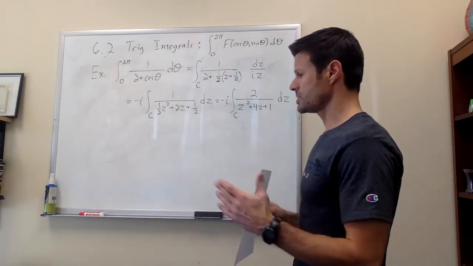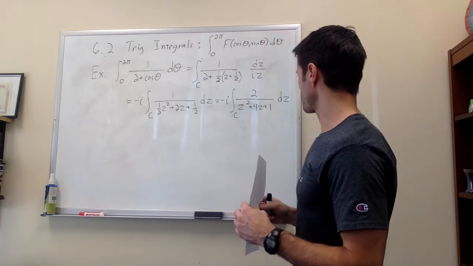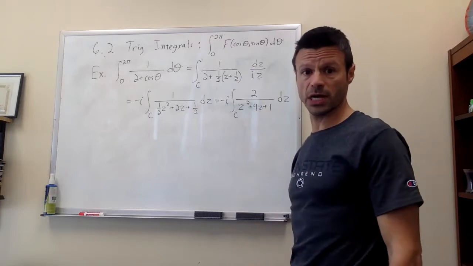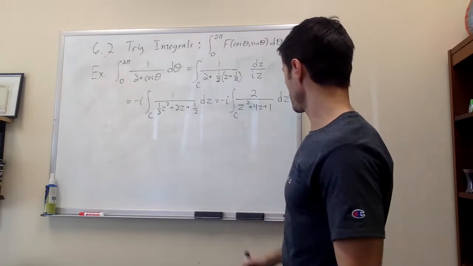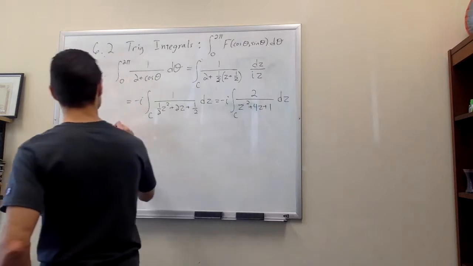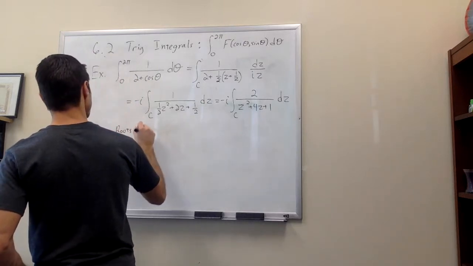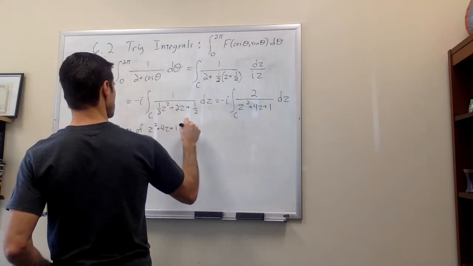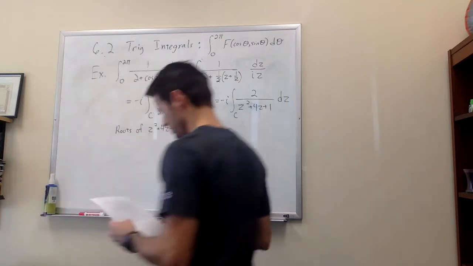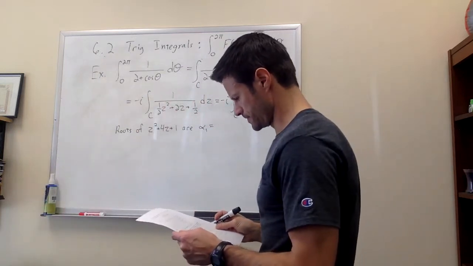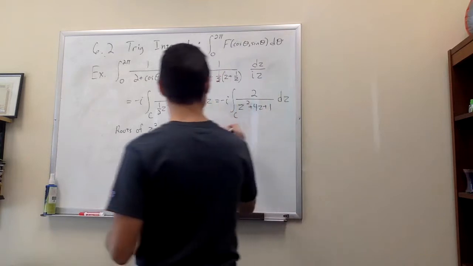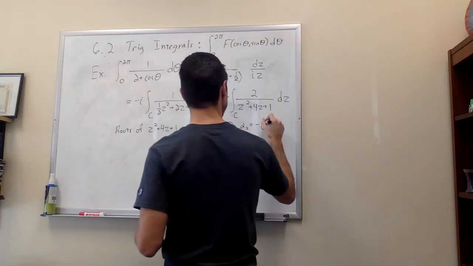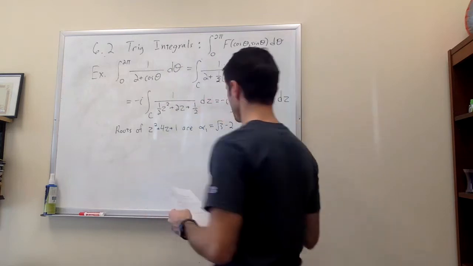Now to use Cauchy's residue theorem, we have to find the roots of this quadratic. The roots of z squared plus 4z plus 1 I'm going to call alpha 1 and alpha 2. Alpha 1 is root 3 minus 2, and alpha 2 is minus root 3 minus 2.